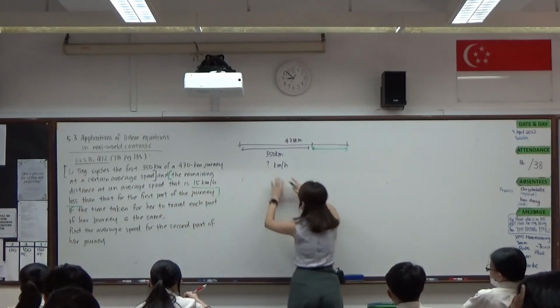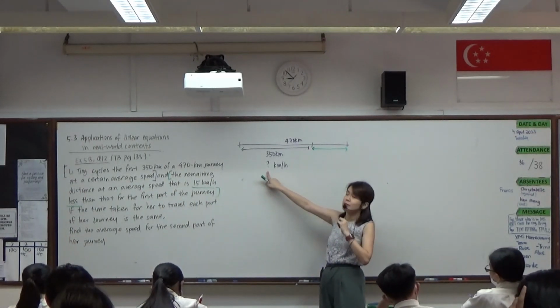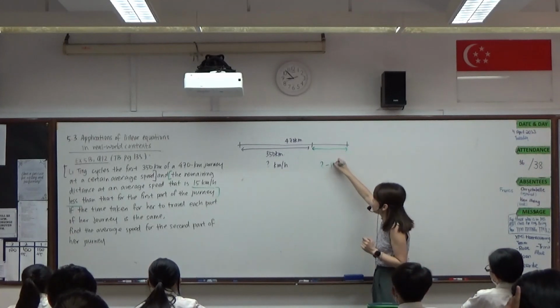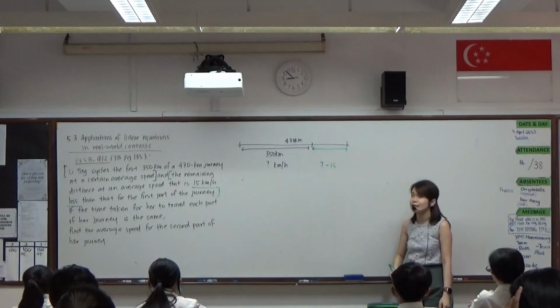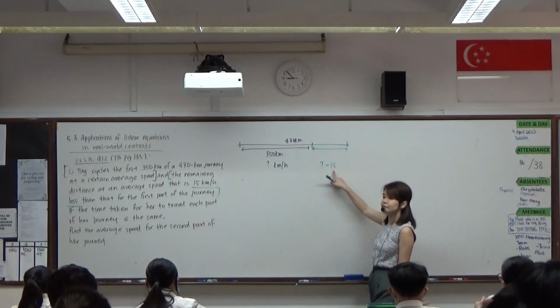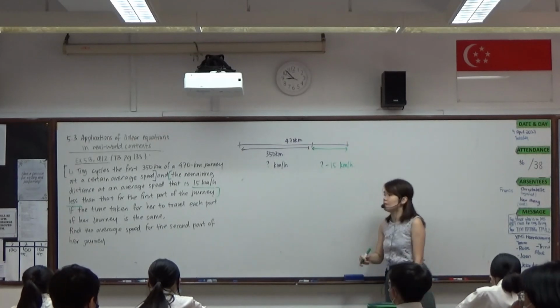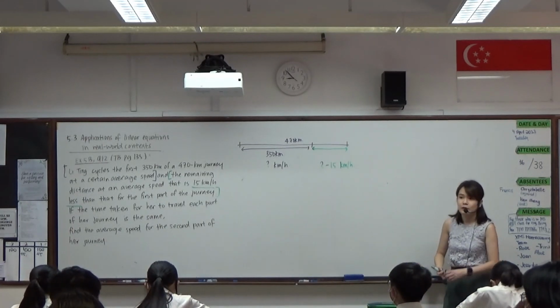We don't know what the first average speed is, so I'm just going to use a question mark first. We're going at 15 km per hour lesser, so I minus away 15. Units are kilometers per hour.